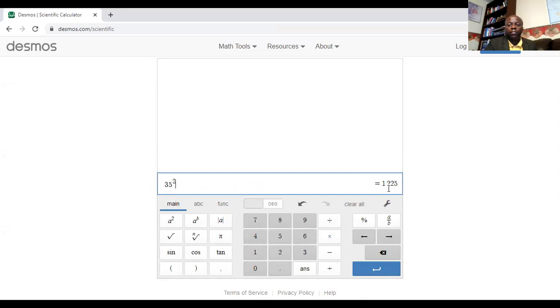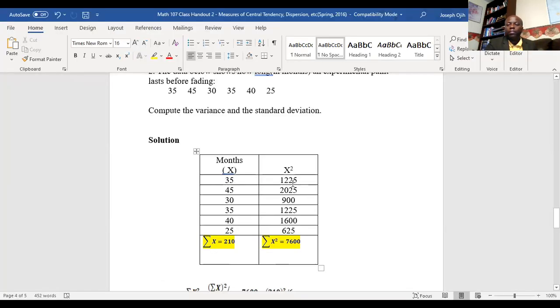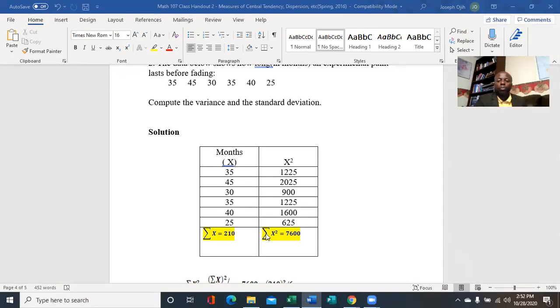Squared gives us 1225, which we can now put in the work we have here. In a similar vein, we square 45, 30, and so on. We square all of them and add them the same way I showed you in the calculator. It will give us 7,600. And that is our sum of x squared, equal to 7,600.